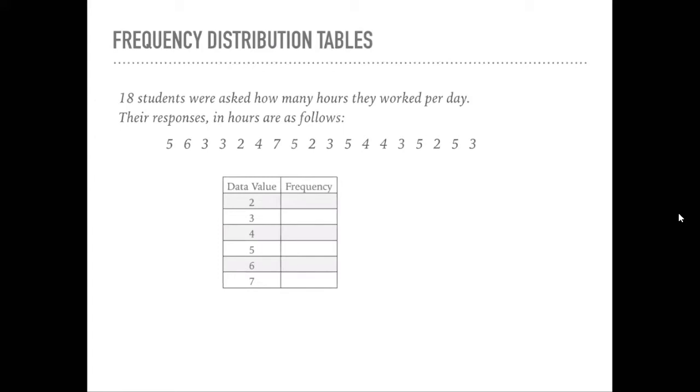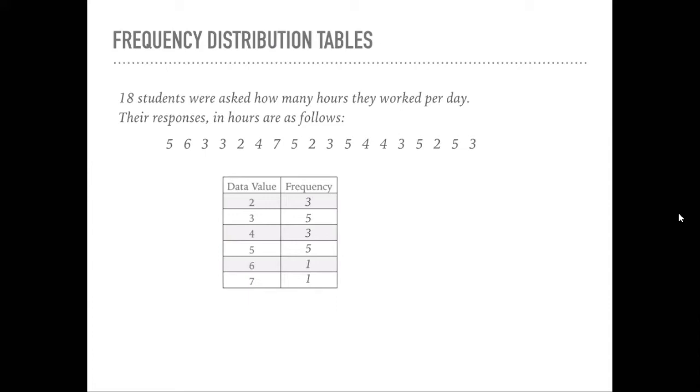So we could see that the data value 2 occurs 3 times, the data value 3 occurs 5 times, data value 4 occurs 3 times, the frequency of the data value 5 is 5, the frequency for 6 is 1, and the frequency for 7 is 1. Now, looking at this table, we get a little bit more of an idea of what's going on. Not very many students work more than 5 hours. And in fact, we could say that most students work between 3 and 5 hours.